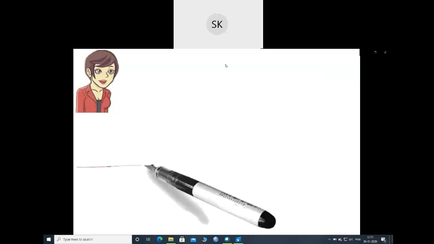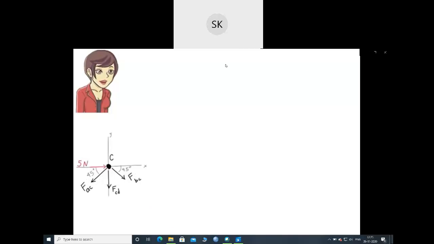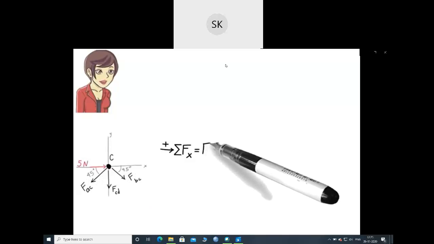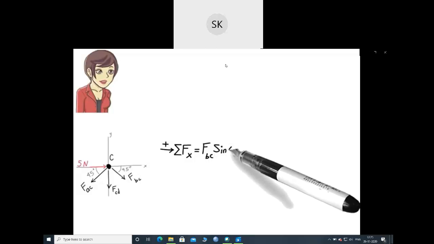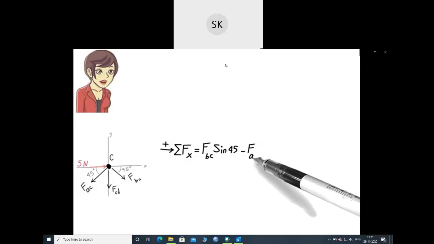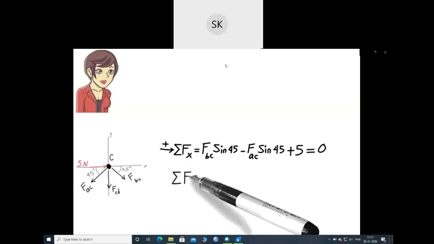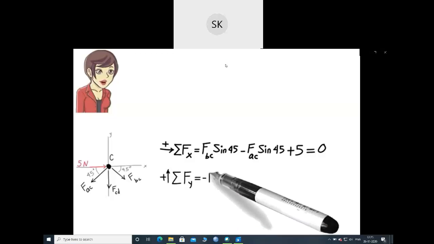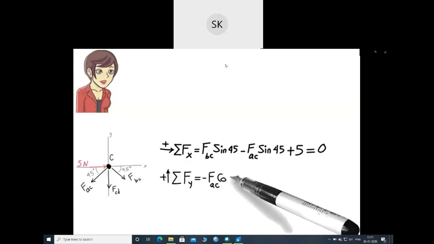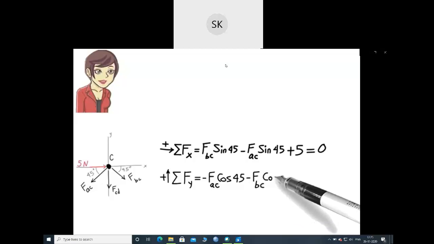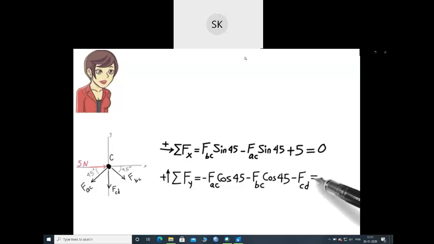For joint C, we have the sum of the forces in the x direction equals FBC sine 45 minus FAC sine 45 plus 5 equals 0. And the sum of the forces in the y direction equals negative FAC cosine 45 minus FBC cosine 45 minus FCD equals 0.